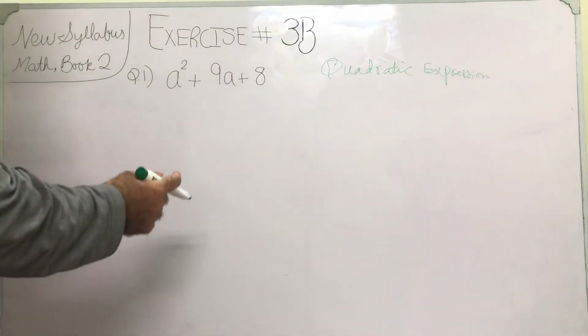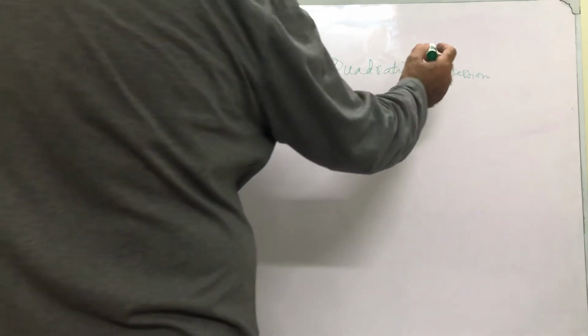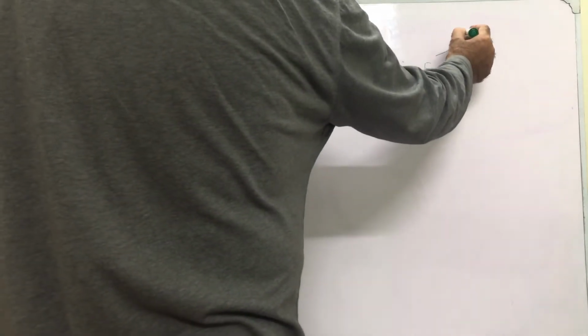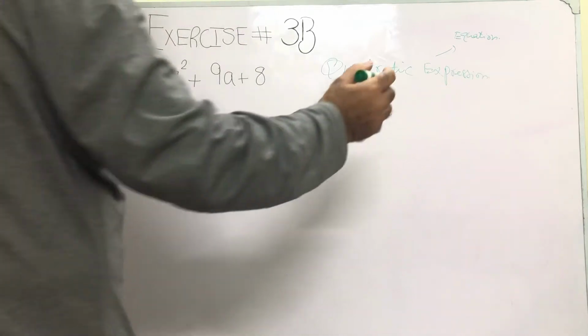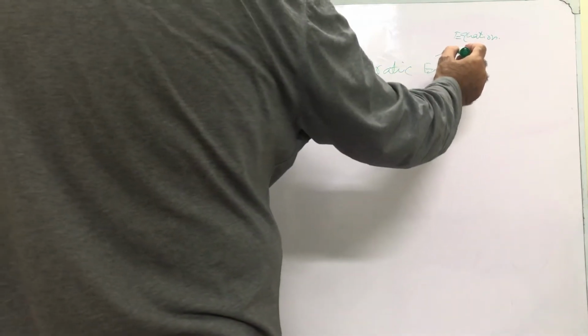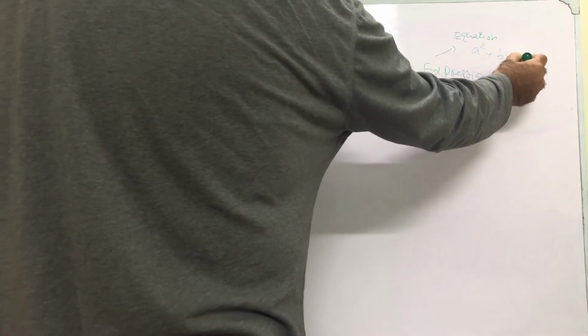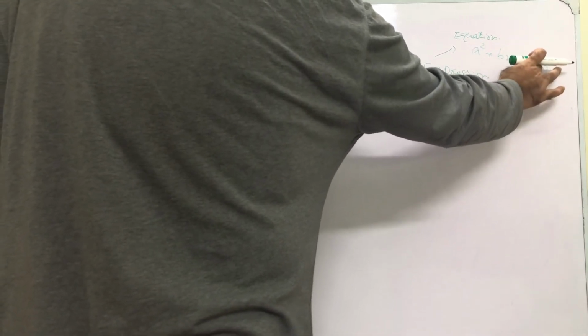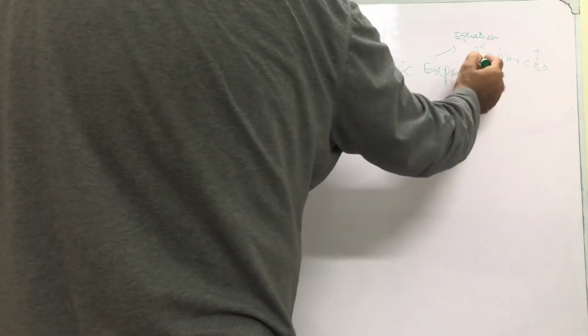First we already told you, and we now want to repeat that the difference between expression and equation is that if there is a question where you have an equal sign, so this is an equation, that this side is equal to this.